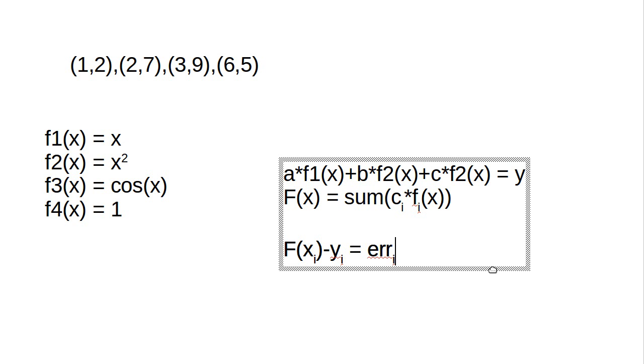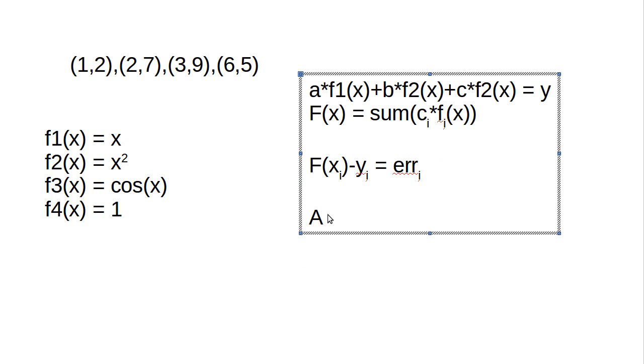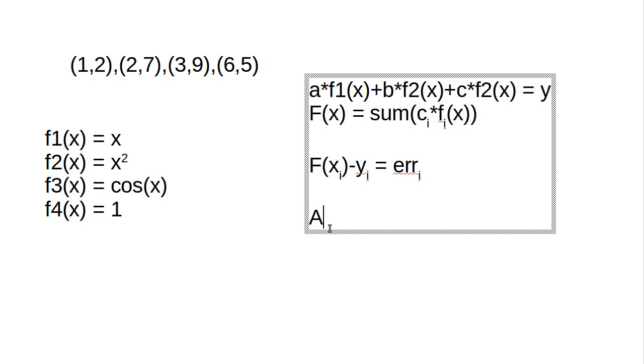So we're going to turn this into something of the form an A matrix times a C vector, so AC, and we want to say that in some ways this is as close as possible to our y value, or AC minus y is as close as possible to 0.